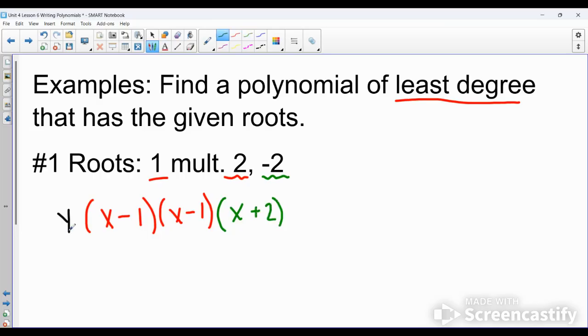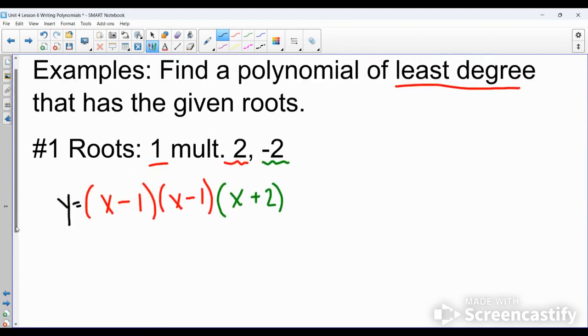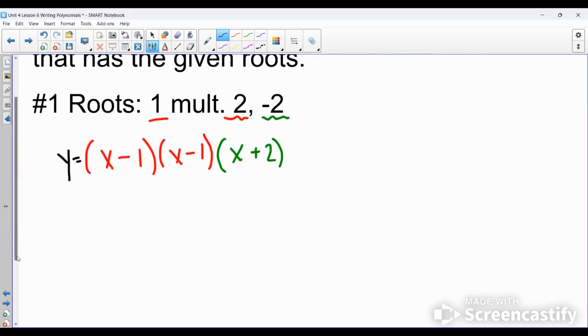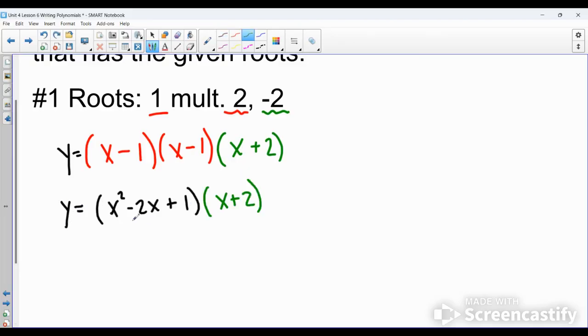So you are technically not done with this. You do want to work on foiling all of these out. It doesn't say standard form, but a lot of your directions will say standard form, which means that you do want to spend a moment once you get it in factored form to expand it to get to standard form. So if I expand my reds, now that I've foiled out the red, I just need to foil or distribute the x plus 2.